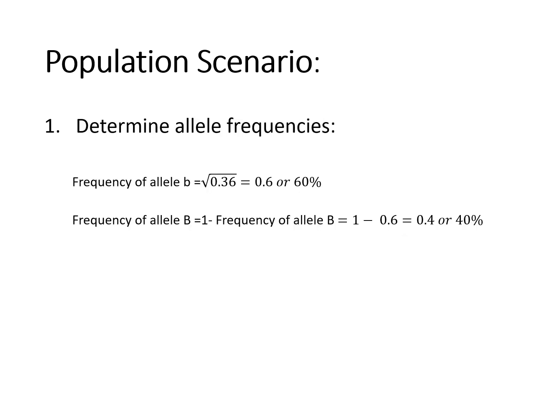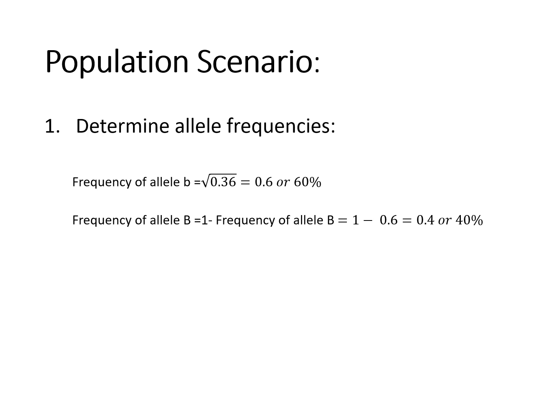Now we determine the allele frequencies for this population. Since 36% of the individuals are bb, we know the frequency of the bb genotype is 0.36. Taking the square root of 0.36 gives us 0.6, or 60%.